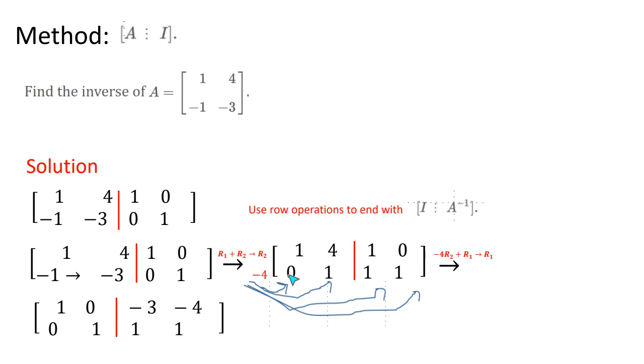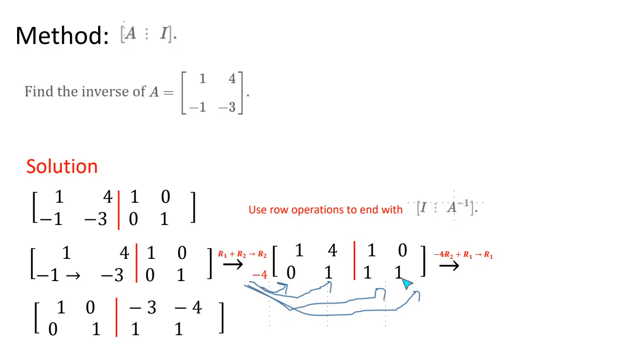So row 2, which is 0, 1, 1, 1, is going to stay the same. So 0, 1, 1, 1. Now I'm ready to take -4 times 0 is 0, plus 1 gives me the 1. -4 times 1 is -4, plus 4 gives me 0. -4 times 1 is -4, plus 1, -3.